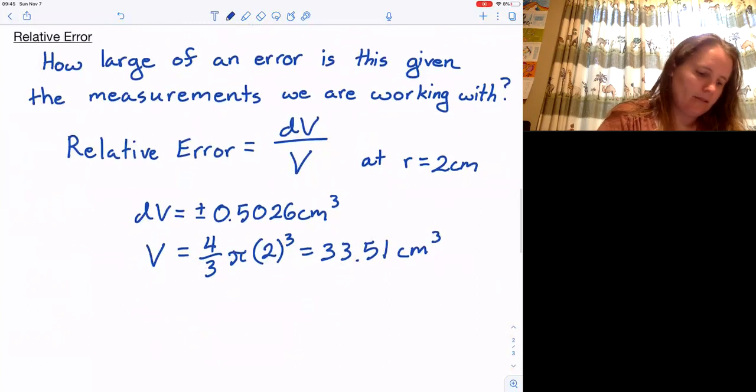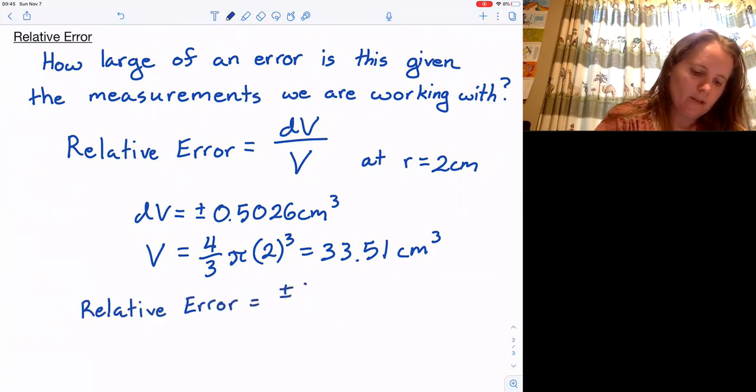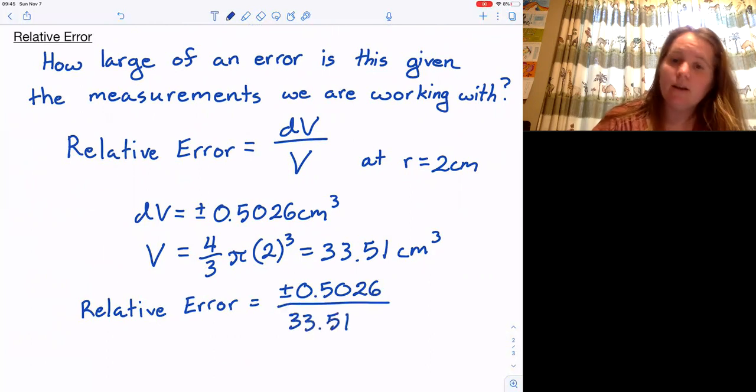And so our relative error will be plus or minus 0.5026 divided by 33.51.